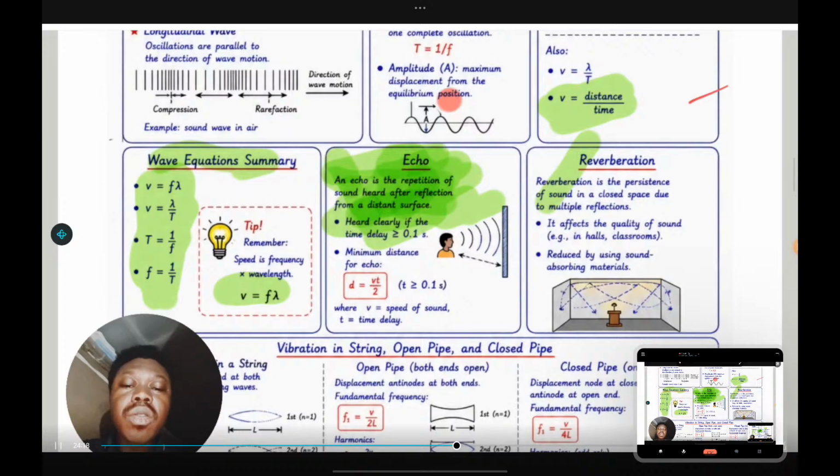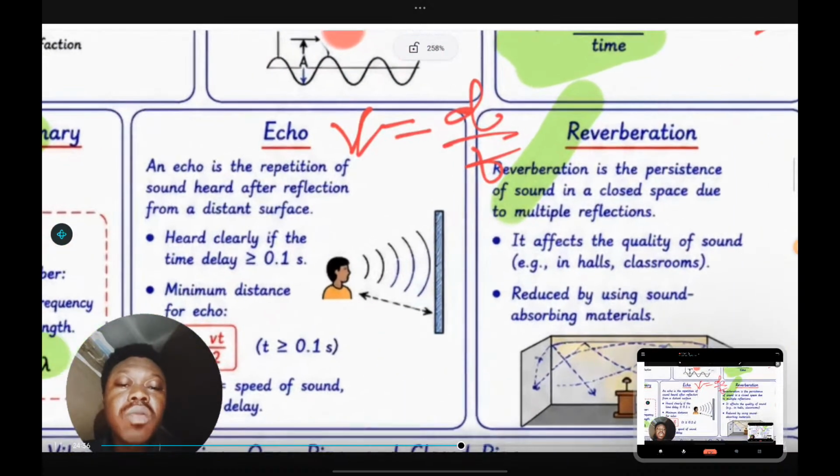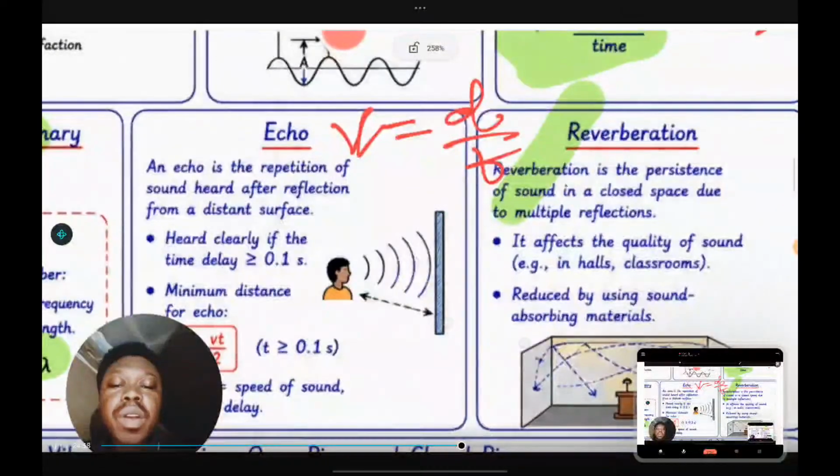So we are now going to have 2D for echo. D equals VT over 2, and this is gotten from V equals distance over time. Because of echo, the man's voice will move from here to hit the surface and then return.